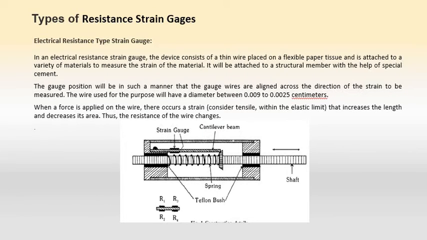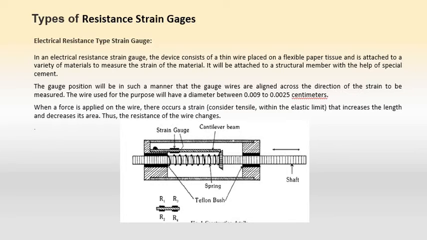Usually the concept of resistive strain gauges is explained with the electrical resistance type strain gauge, which is a commonly used strain gauge. An electrical resistance strain gauge is actually a device which consists of a thin wire made up of some metal, and it is placed on the material whose displacement is to be measured.